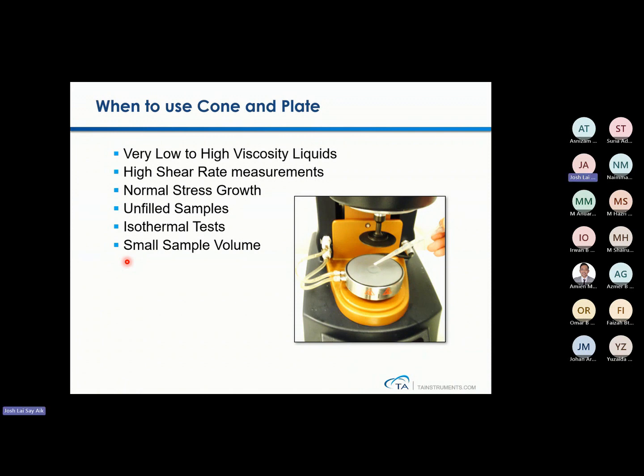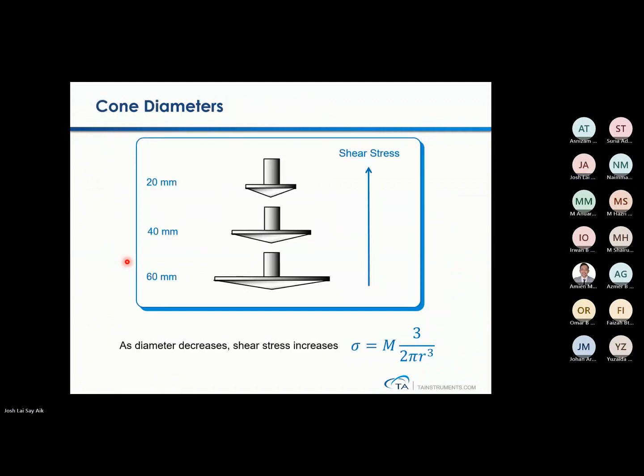Just for information, with parallel plate you can adjust the sample gap to accommodate the particle size that you have. But in cone and plate, you cannot adjust the sample gap. It's always fixed according to the recommended truncated gap. Similarly, shear stress will increase when you decrease the surface area of the cone diameter, from 60 to 20.